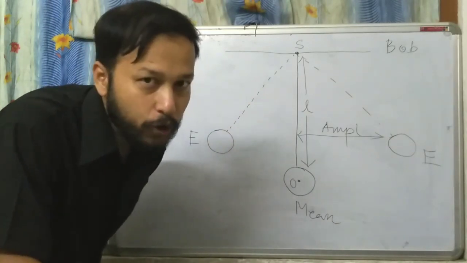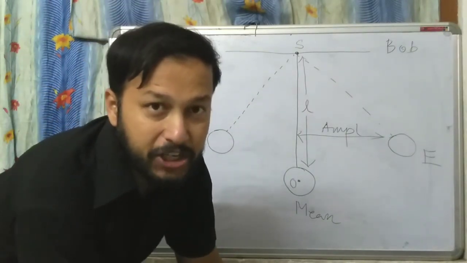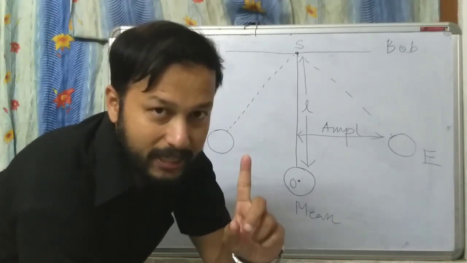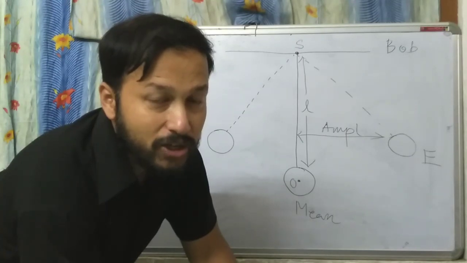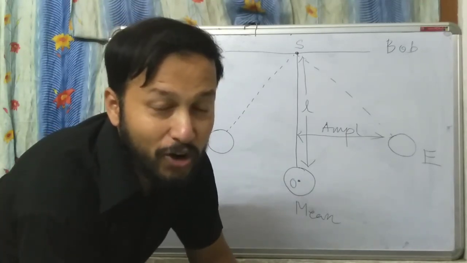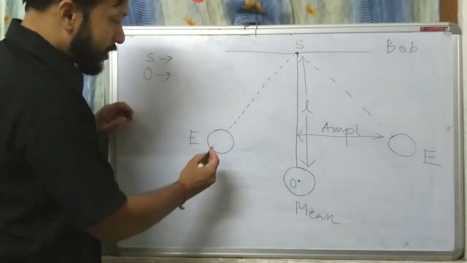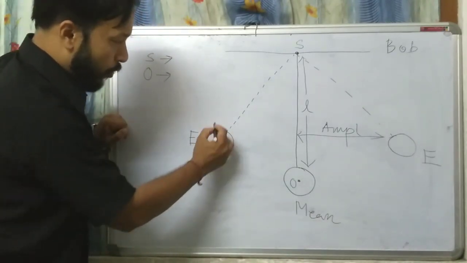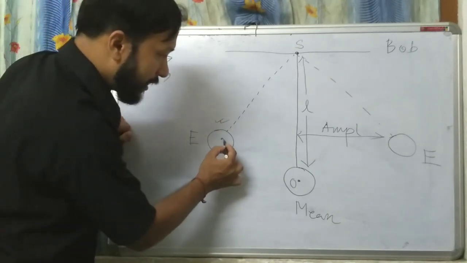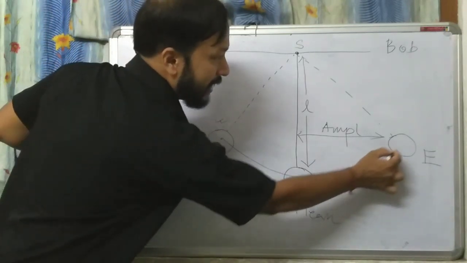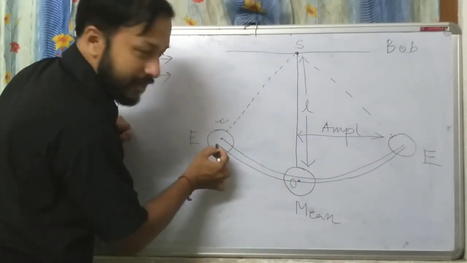Now, as I told you, what is called frequency? The number of oscillation it is making in 1 second. But before discussion of that, what we discussed, what is called one complete oscillation. One complete oscillation means, say it is starting from this point. From here it is going there and again it is coming back here.